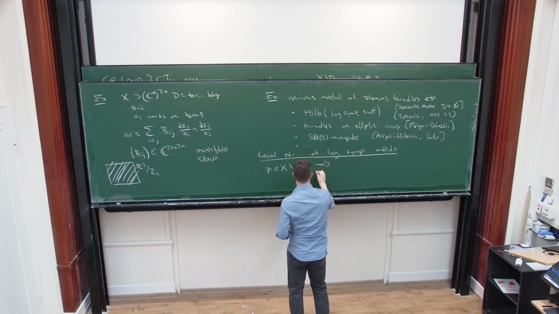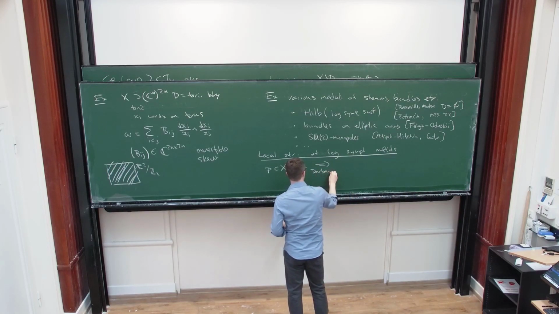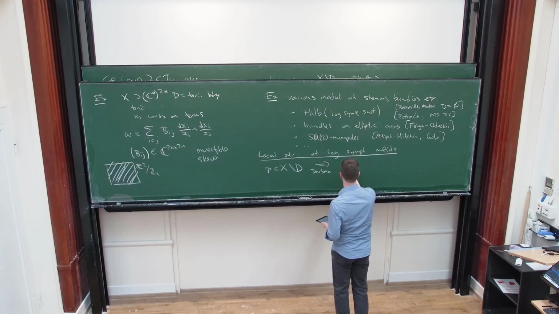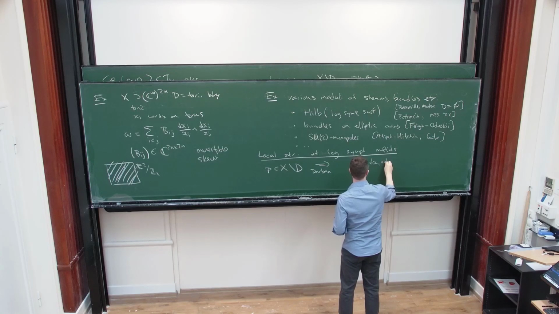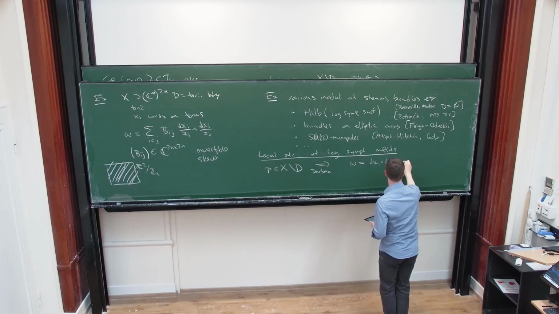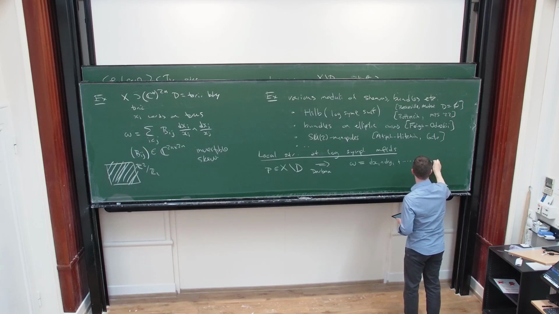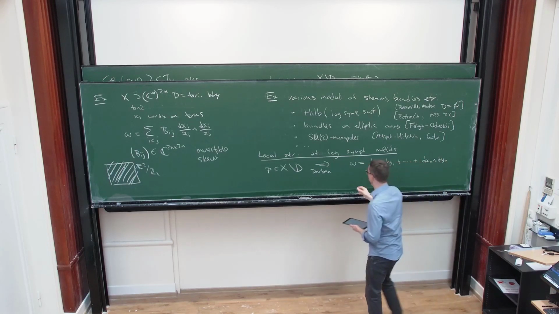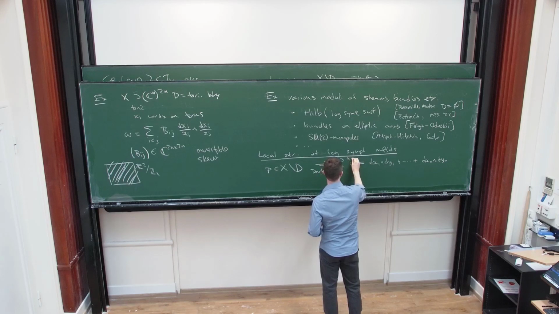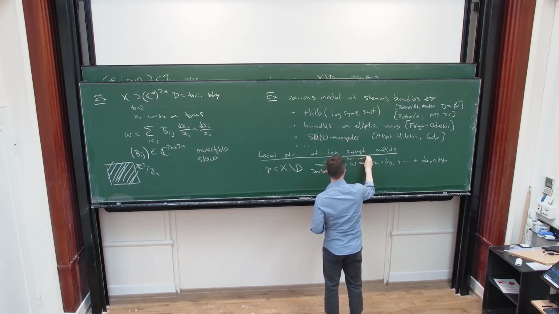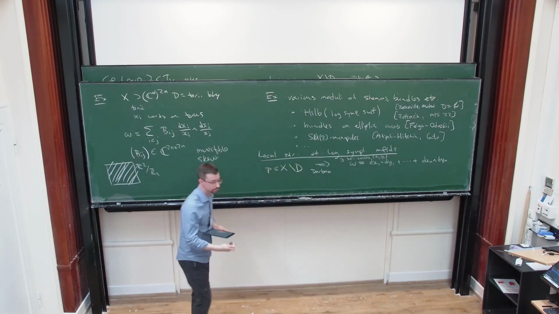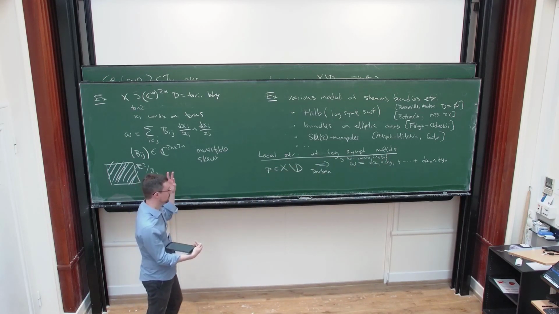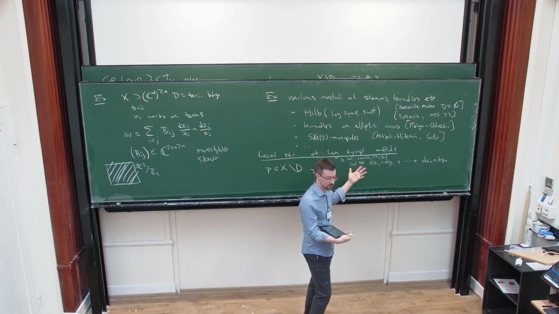So there's a holomorphic version of Darboux's theorem, which says that there exist holomorphic coordinates such that omega looks like the sum dx1 wedge dy1 plus dot dot dot plus dxn wedge dyn for some holomorphic coordinates x and y. So the mantra in symplectic geometry is that symplectic manifolds have no local invariants. They always look the same in a neighborhood of any point.